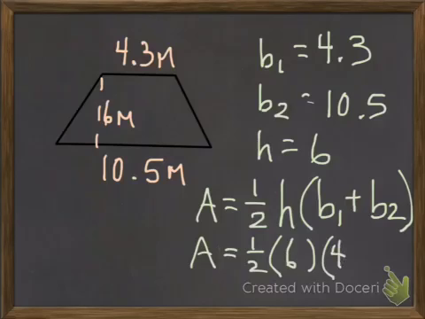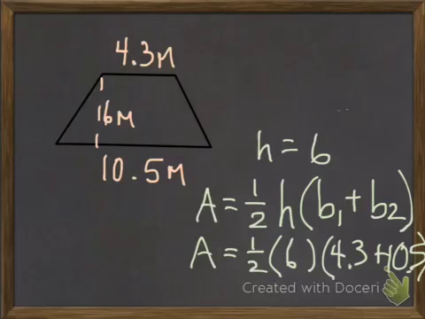B1 is 4.3 plus B2 is 10.5. Let's see if I can squeeze it on there. Okay, 10.5. So now I'm going to come back here to create some more space. I'm going to erase all that. Now we need to simplify, okay?